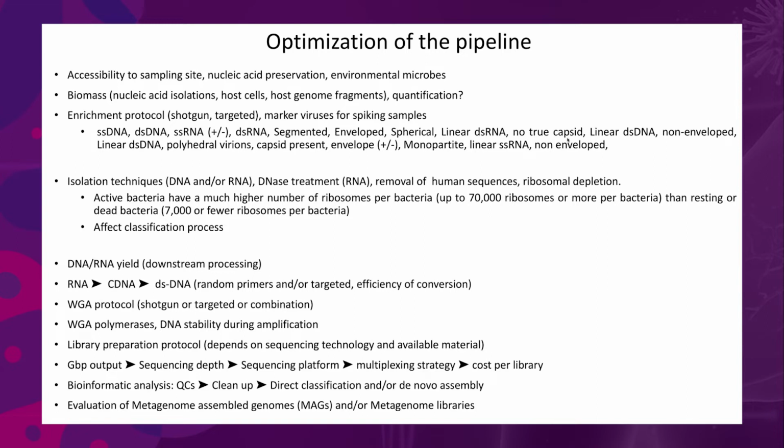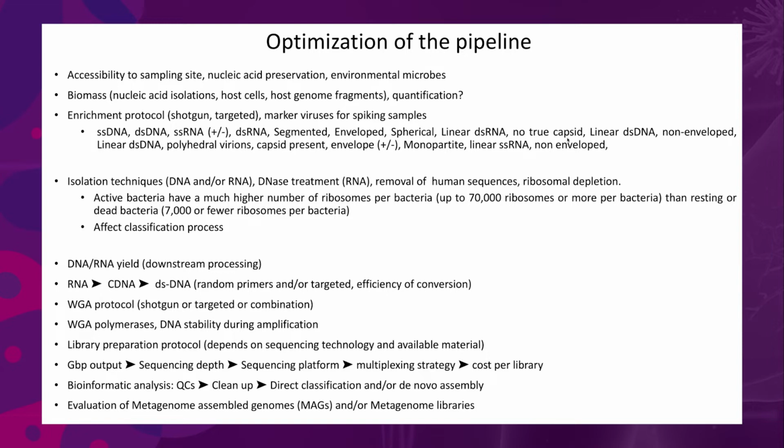The enrichment protocol depends on whether we're doing shotgun metagenomics or targeted metagenomics, as I told you before. In some 16S-based sequencing approaches, they tend to use some marker species for spiking samples.